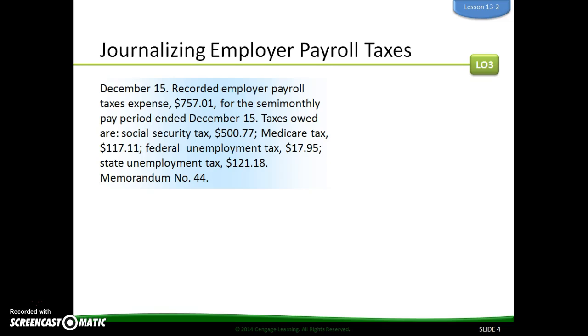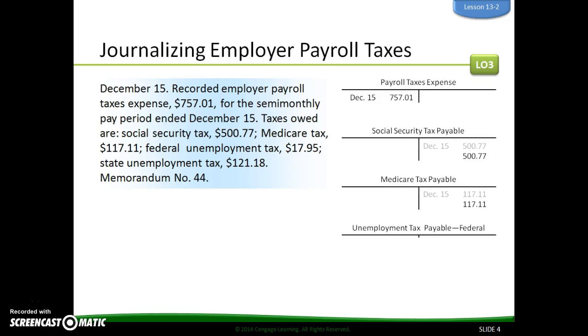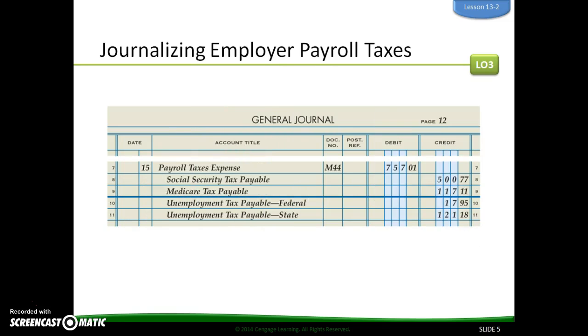There are 4 different taxes owed: Social Security, Medicare, federal unemployment, and state unemployment. So then we would look at the different T accounts, and the total taxes would be the $757.01, and then it's going to be broken up into those individual taxes that are payable: Social Security, Medicare, federal unemployment, state unemployment.